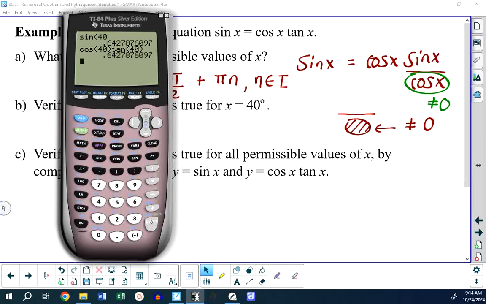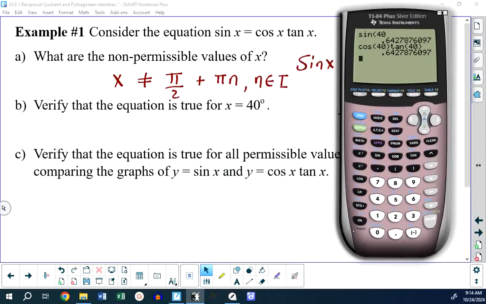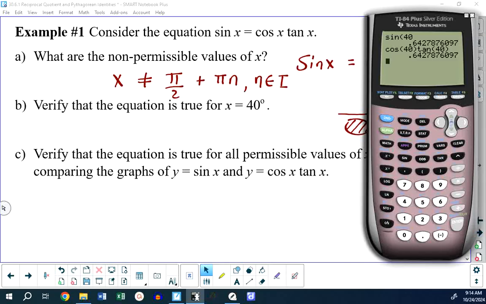Verify that this is true by looking at the graphs. So we're going to go into our graphing calculator and put sine of x on one side, that's y1. It's cos of x, tan of x on the other side, that's y2. I'm in degree mode, so I'm going to stay in degree mode. Okay?